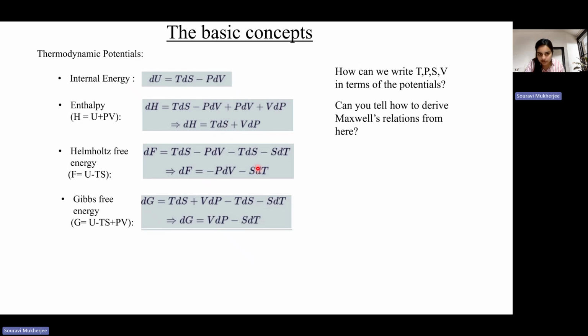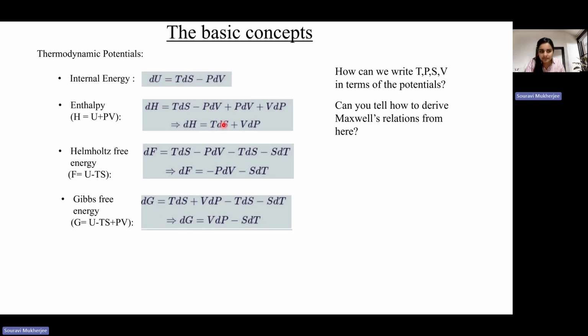How do we get to these expressions? It's very straightforward, but you must be well versed with it. This is your expression of enthalpy, and then you take a differential like dH, expand these terms, and these terms will get cancelled. What will remain is a form like this.